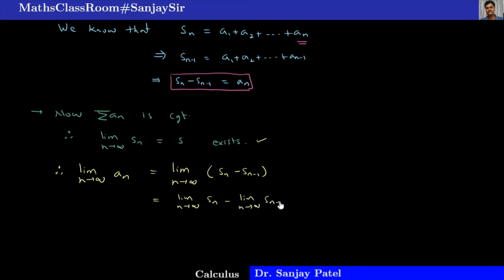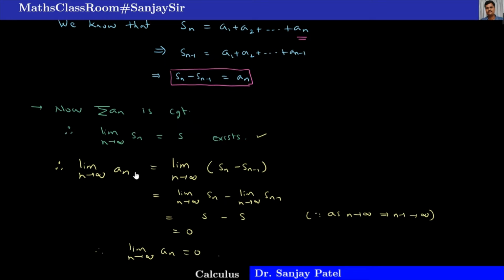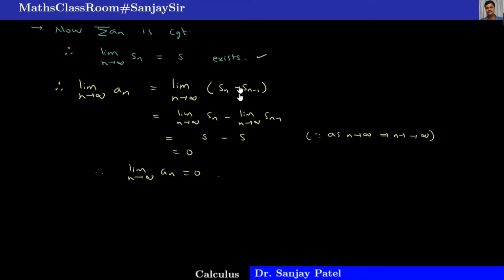And remember that as n tends to infinity, n minus 1 also tends to infinity, and both these things are the same. The limit of this is S, and the limit of this is also S, because as n tends to infinity, it is obvious that n minus 1 also tends to infinity. So this is equal to S minus S, which is 0. So what is proved? Limit as n tends to infinity of an is equal to 0. So the theorem is over. Hence the theorem is proved.